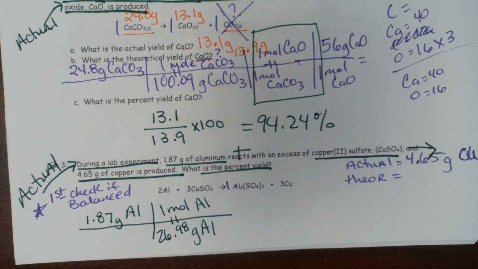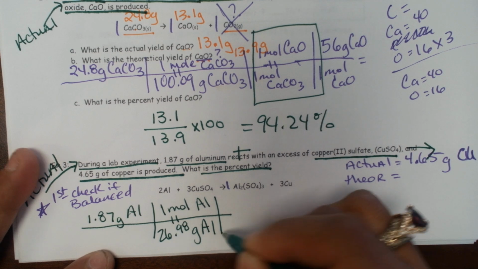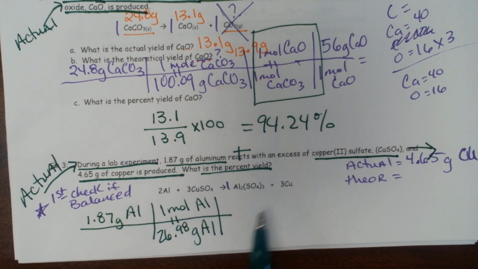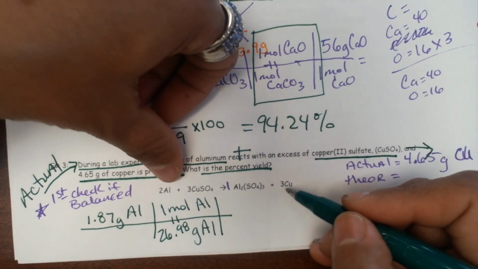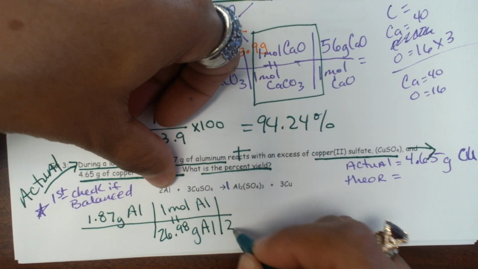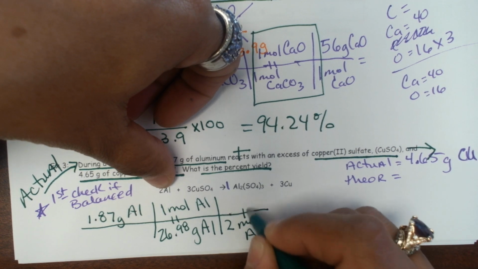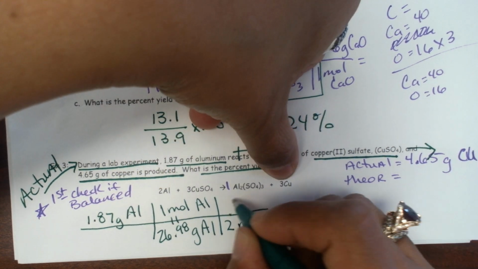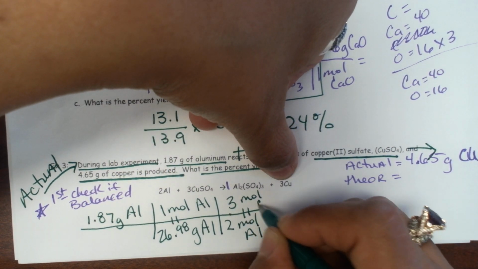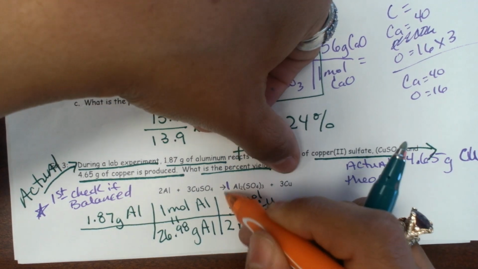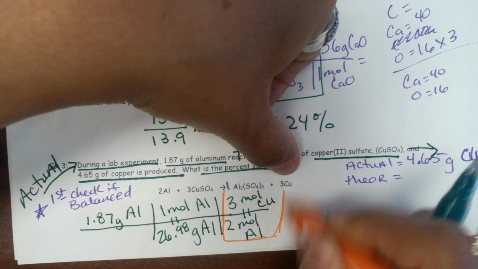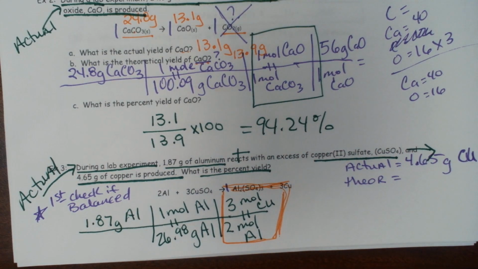I'm looking for copper. This is where I get the chance to do the molar mass conversion. Using the coefficient, 2 moles of aluminum equals 3 moles of copper. I'm going to box this in, because this is where I'm able to bridge from the aluminum to the copper.